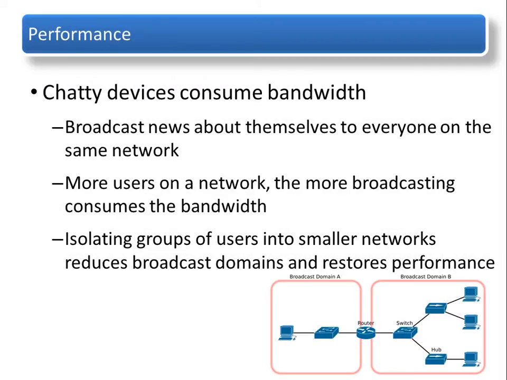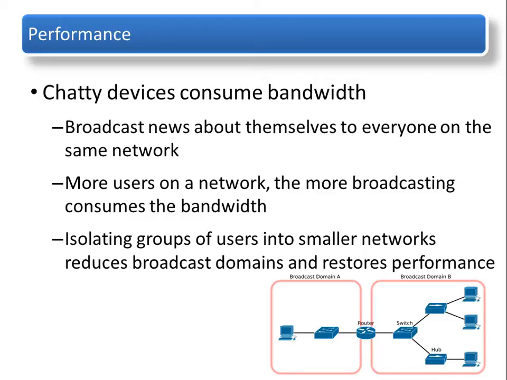Grouping hosts geographically was an economical way to improve performance by narrowing broadcasting to the physical location. A broadcast is a message sent from one host to all other hosts on the same network, and the purpose is usually to share its own information and to request information about others. ARPing would be an example of when devices are sharing information about themselves to other hosts.